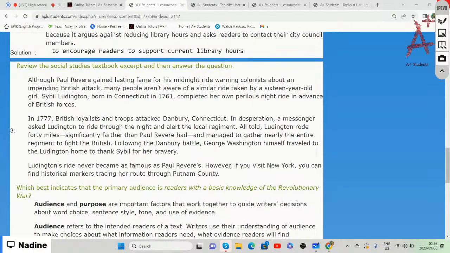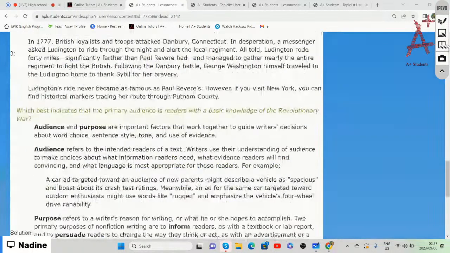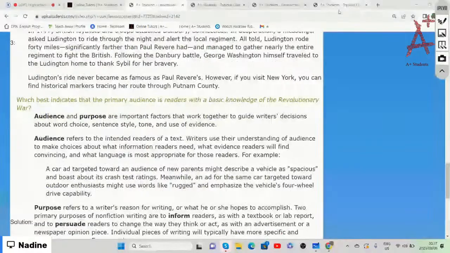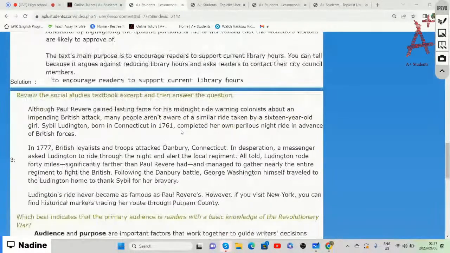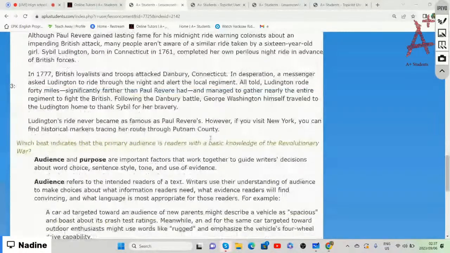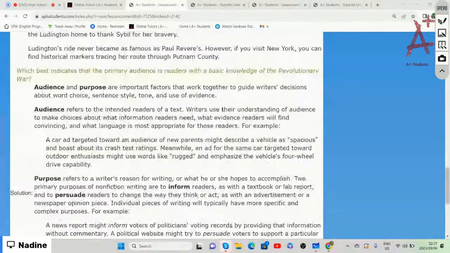So basically, which best indicates that the primary audience is readers with basic knowledge of the Revolutionary War? Within this text, they are making mention of the war that took place in the years between 1761 and about 1777, right?